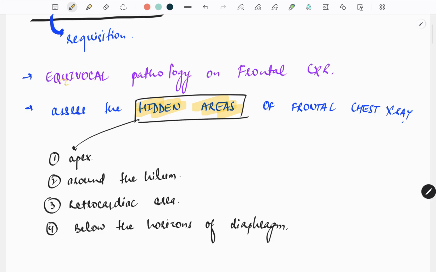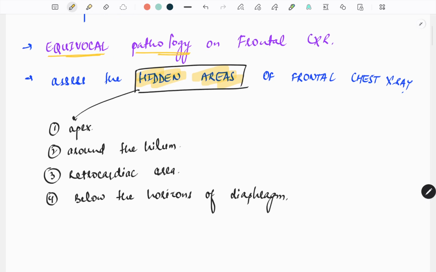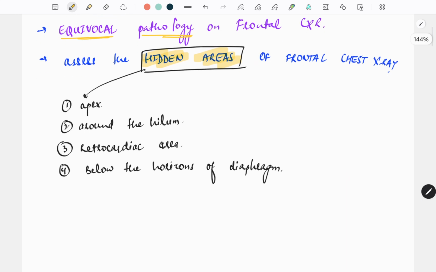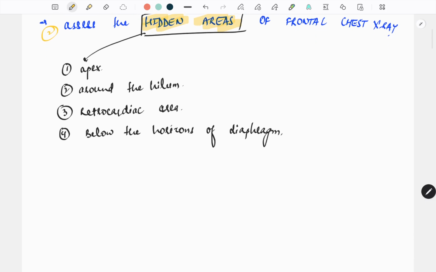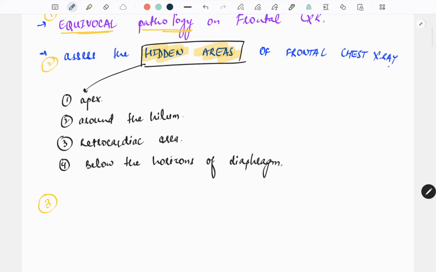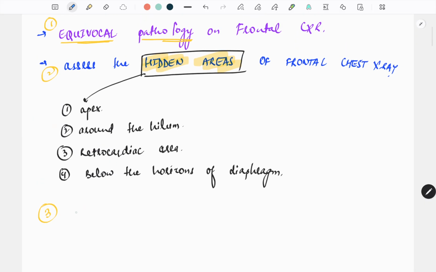First was to assess the equivocal pathology on a frontal chest x-ray. Second is assessing the hidden areas. Third is, if we have found the equivocal pathology, then we will characterize it.